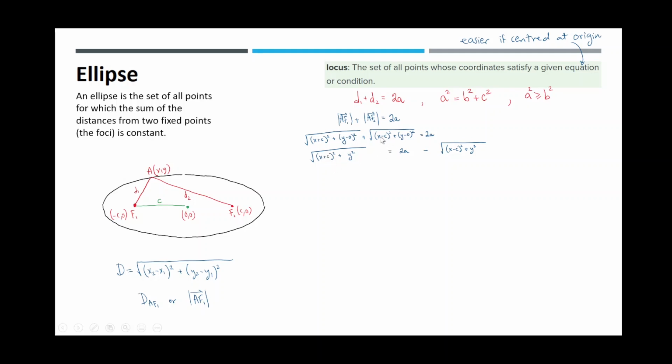So I'm going to move this one to this side by subtracting it from both sides, and then I'm going to square both sides as a whole. So this whole side gets squared and this whole side gets squared. To continue simplifying, we know that squaring a square root makes the square root disappear, so we just have the inner part on this side.